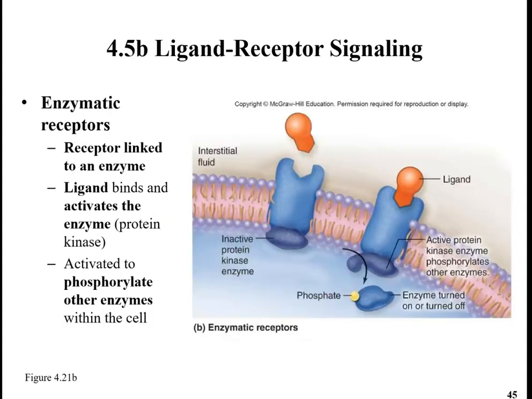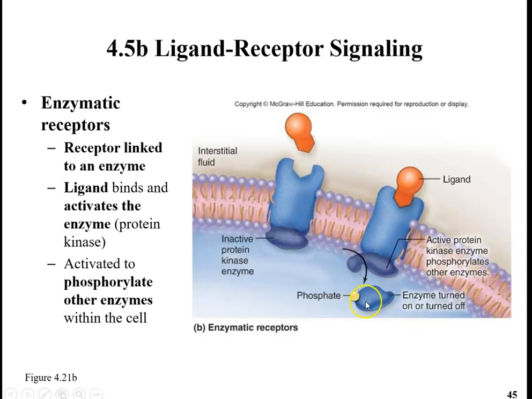You also have enzymatic receptors. This is a receptor linked to an enzyme. You can see here, here's the receptor, here's the enzyme that it's linked to, and here's the ligand. So the ligand binds and activates the enzyme through the receptor. So now this enzyme is activated. And these are usually protein kinase enzymes.